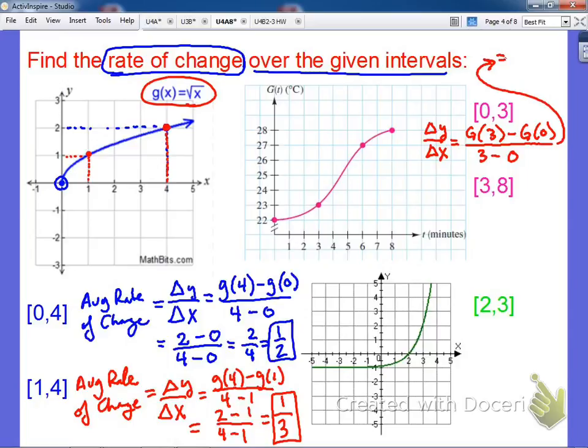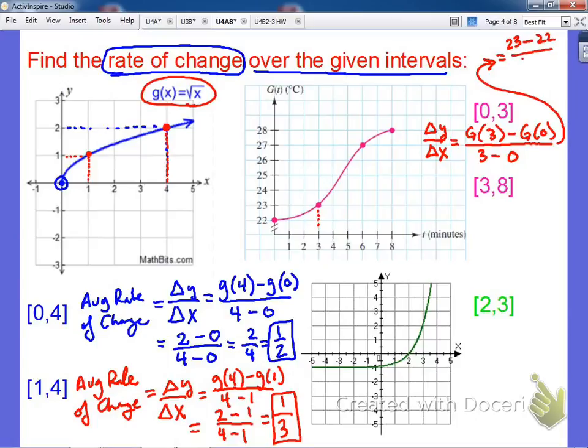So what is g of 3 in this case? What do you say? I think these are whole numbers, so it's actually 23. And 0. What's the y value when x is 0? 22.